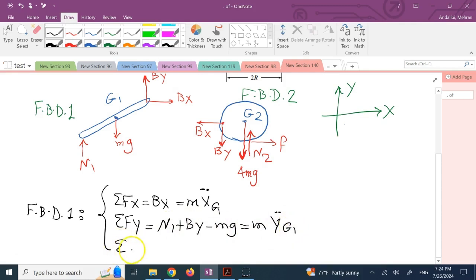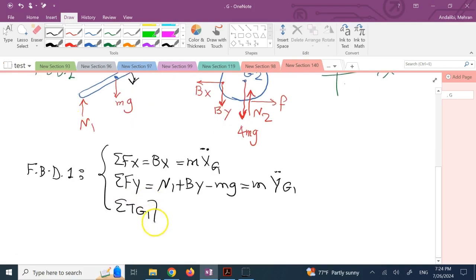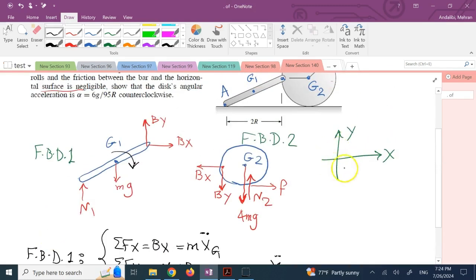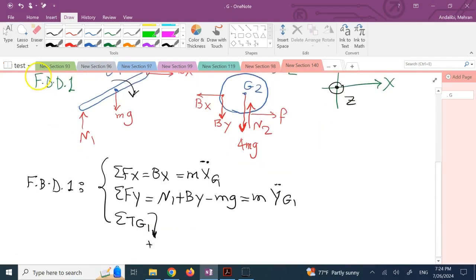And then some moment or torque about point G1. And in this case, the object is going to go clockwise, so you can do moment clockwise, okay? Because that's how this member is going to spin. So we go clockwise positive. Although, if you want, you can do counterclockwise positive, and the reason is here your z-axis positive is outward, so counterclockwise is positive rotation.